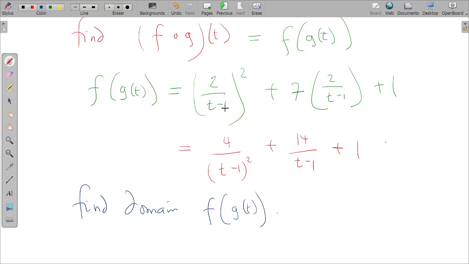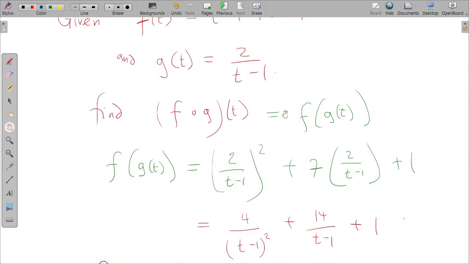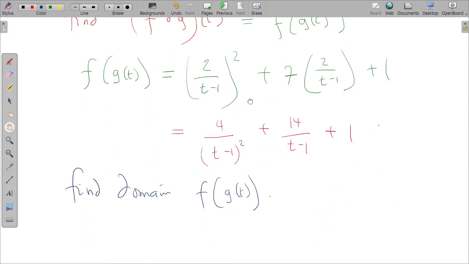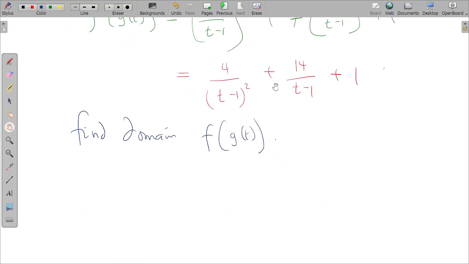So take note of the variable we are dealing with. Sometimes when we give you a question in t, you start to write your own in x because your mind is used to x. So we are not only having variable in x. Please follow the variable you are given.